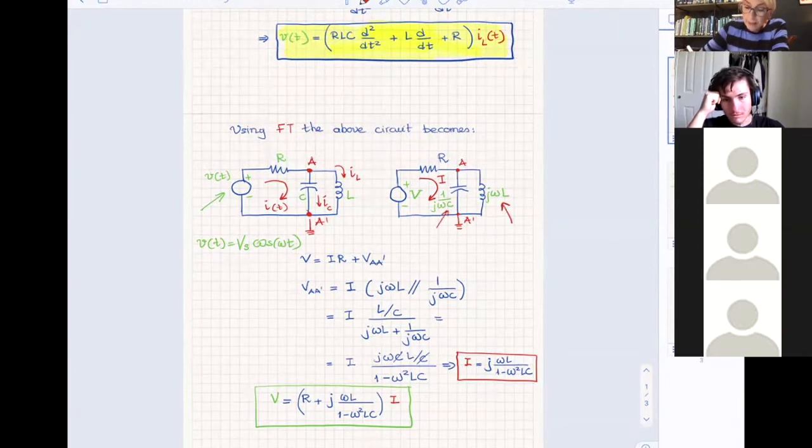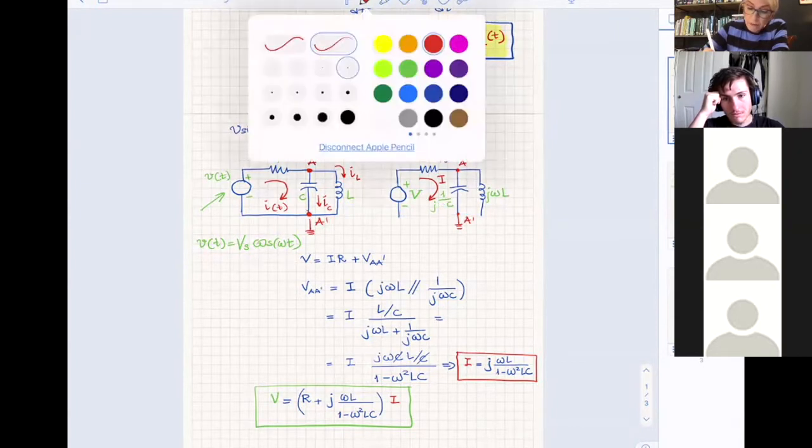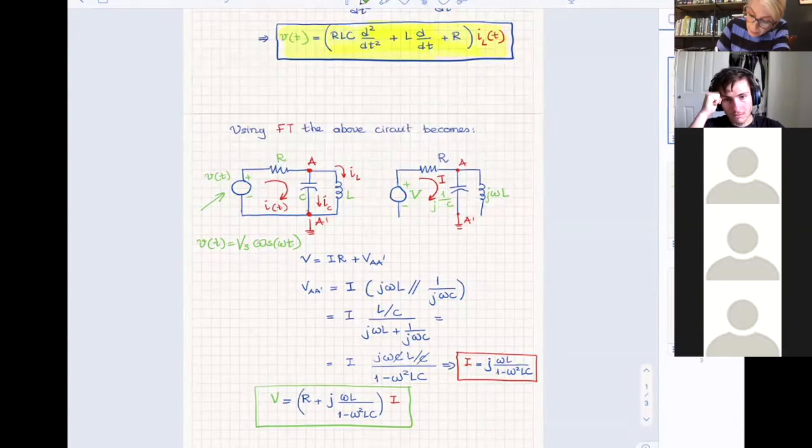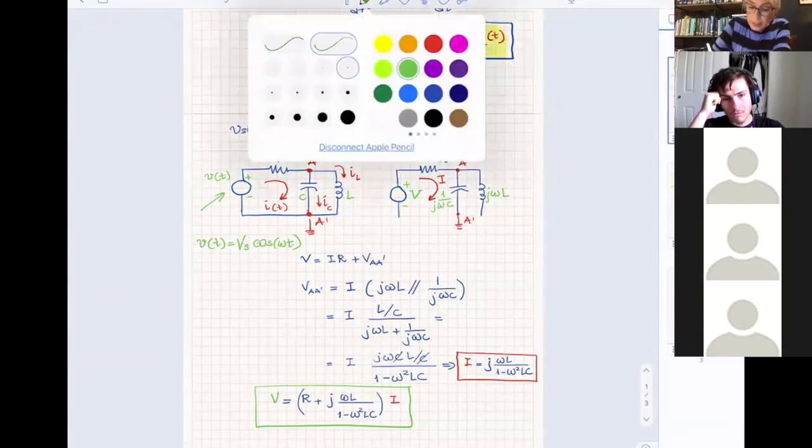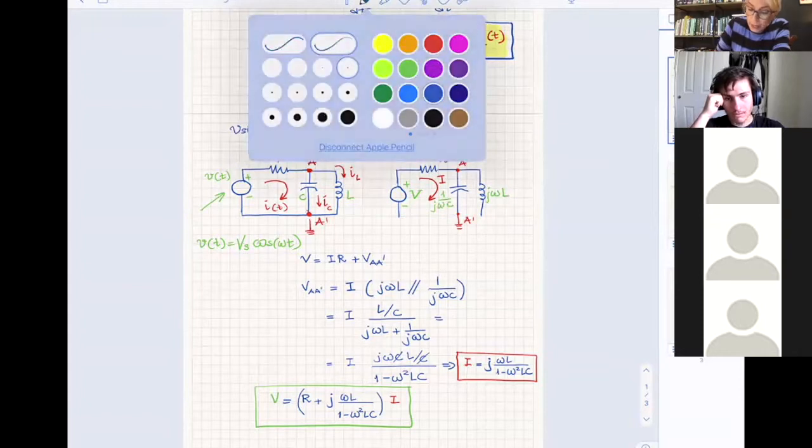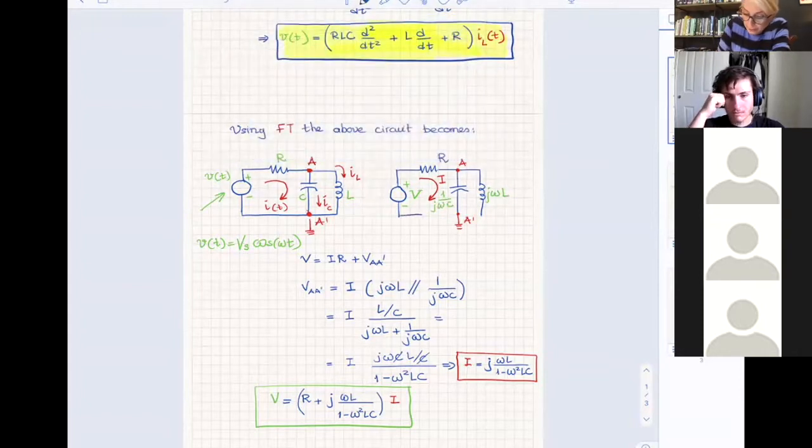When we did this, we assumed that j omega L is equivalent to an impedance, and 1 over j omega C is equivalent to an impedance.